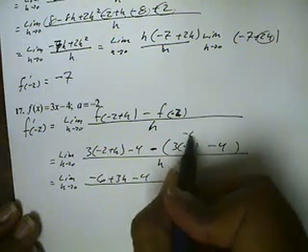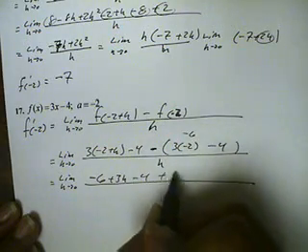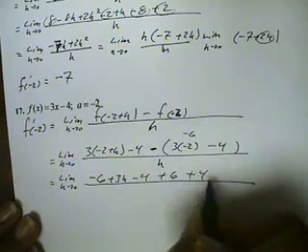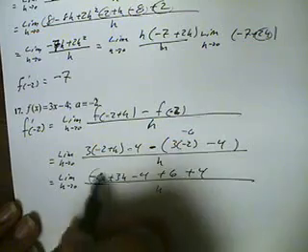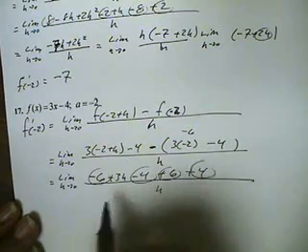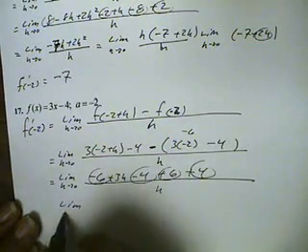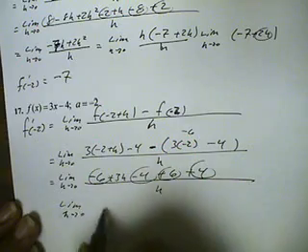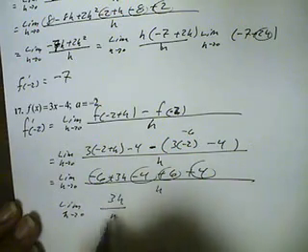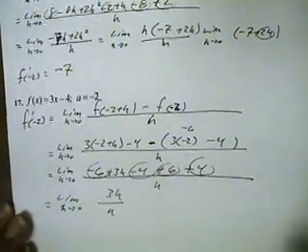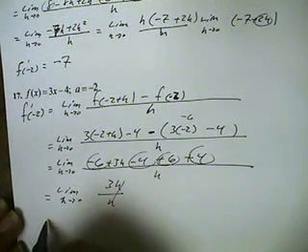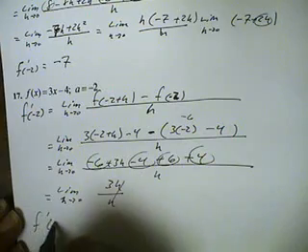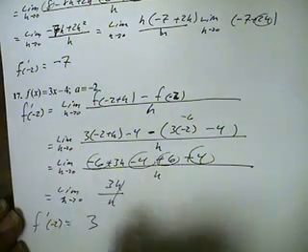This will be a -6, so when we distribute that negative we get a +6 and a +4. The 6's will cancel and the 4's will cancel, and we'll be left with the limit as h goes to 0 of 3h over h. Well, the h's cancel, and we're left with 3.